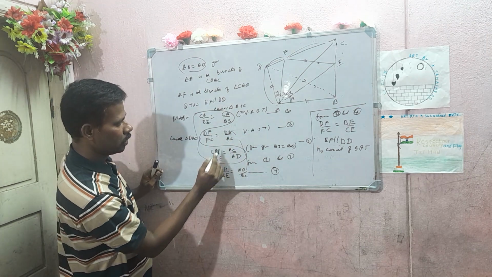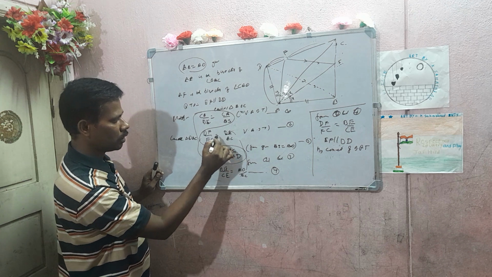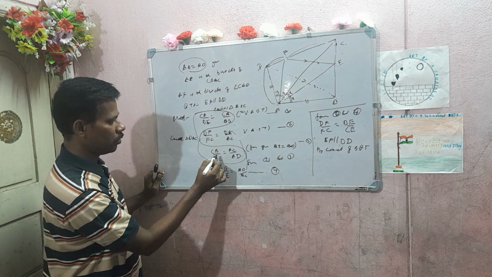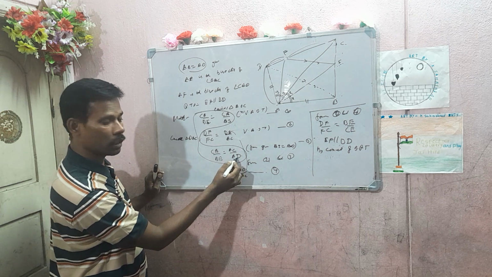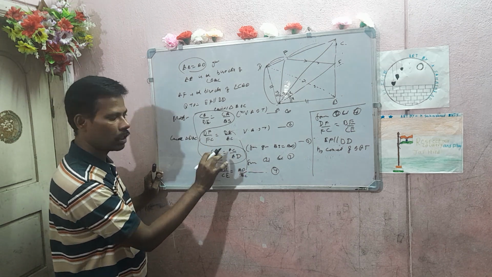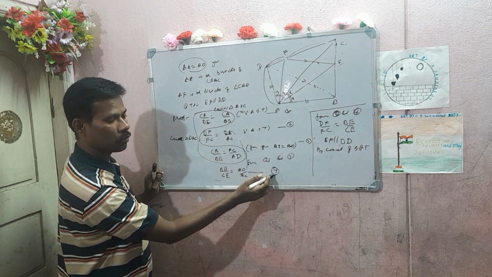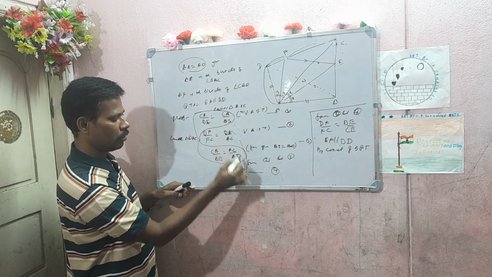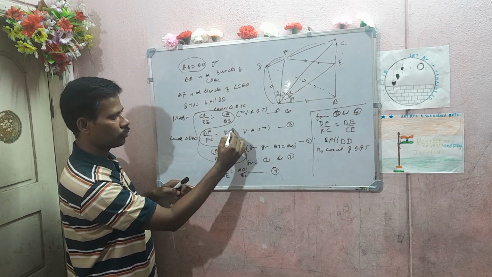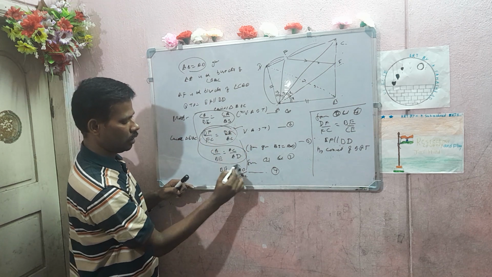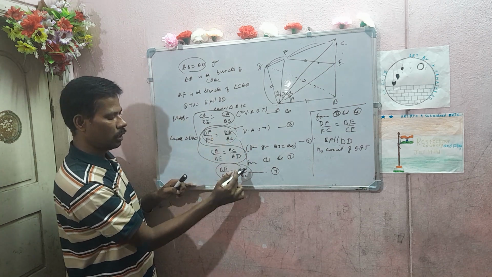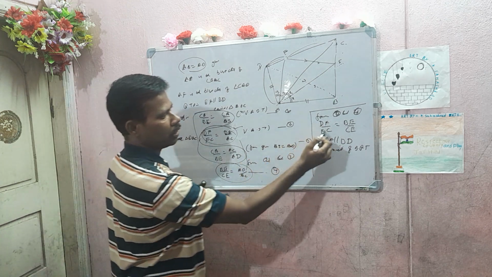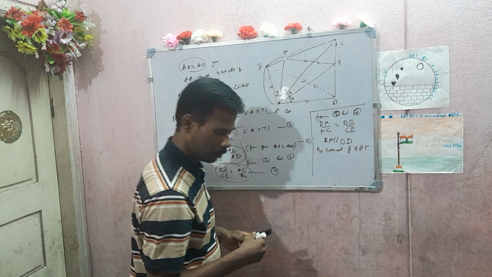Next, that's all. Leave it like this only. Consider these two now. This can be interchanged: BE by CE can be written as AD by AC, just upside down. So mark this as 4. From this and this, AD by AC are both the same. So DF by FC is equal to BE by CE.